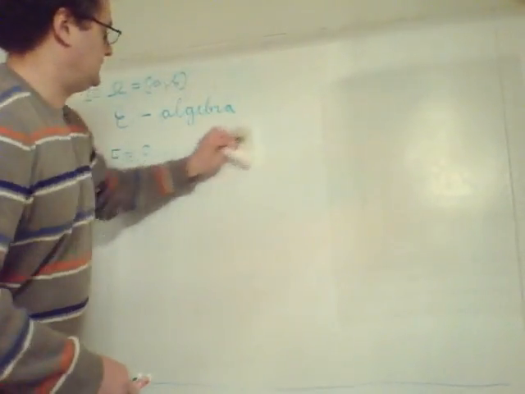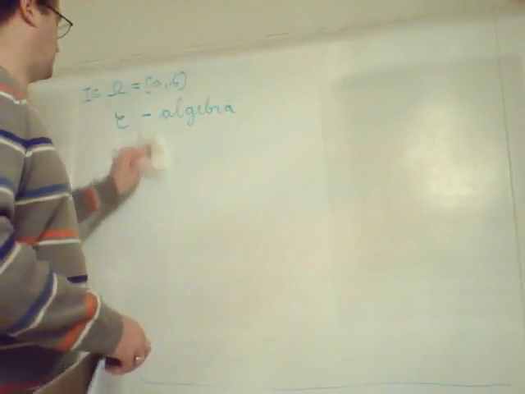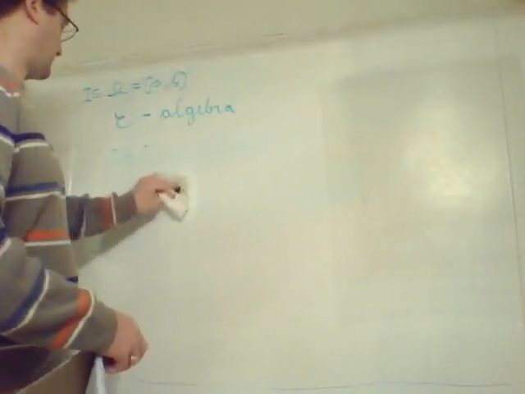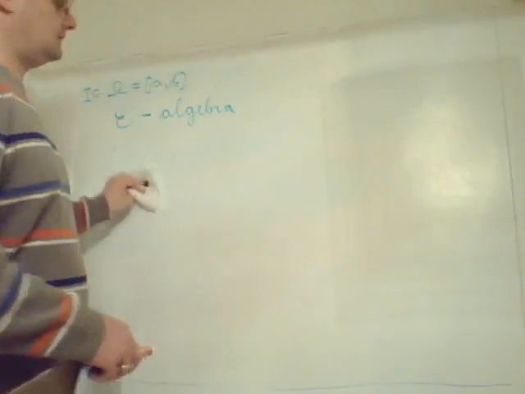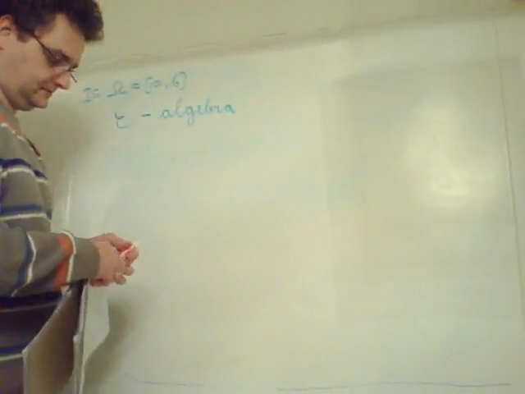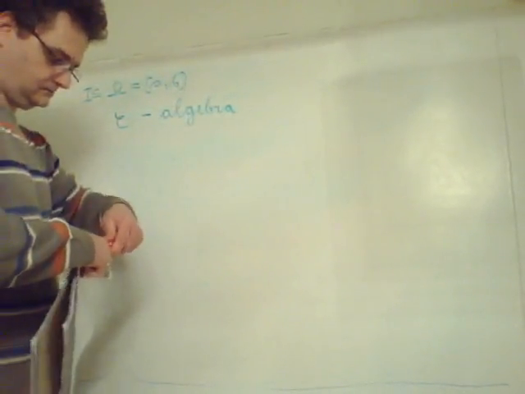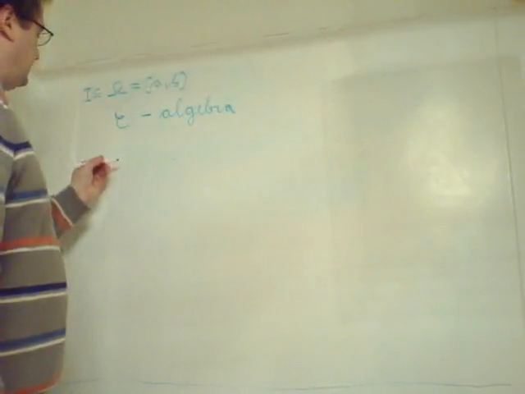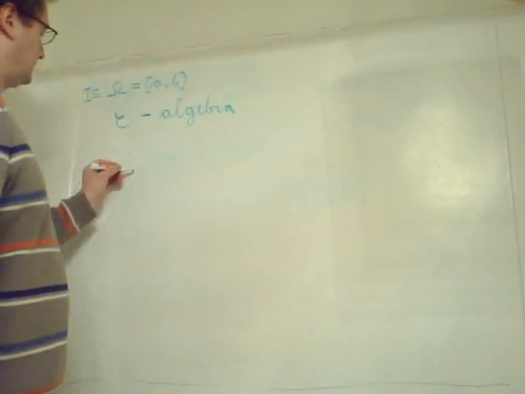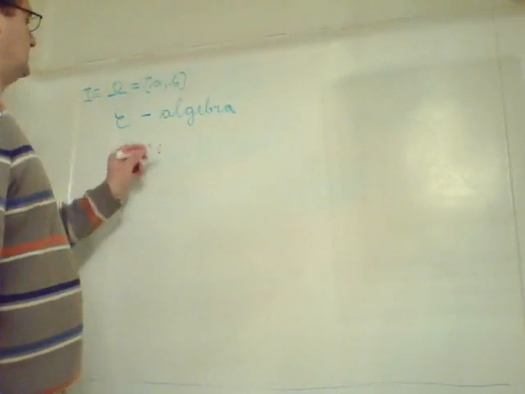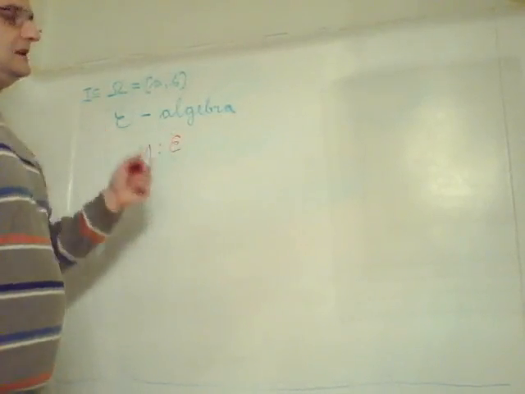But any additive function, if you have an additive set function mu on some algebra. So in other words, mu is a set function from E, some algebra.